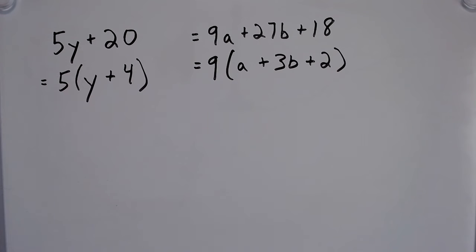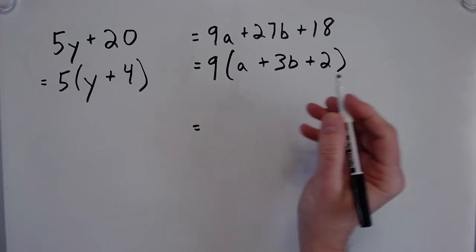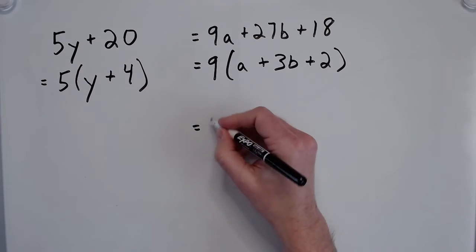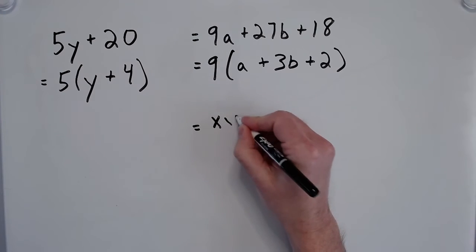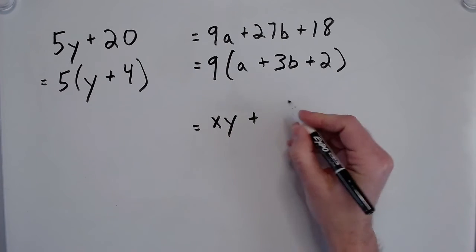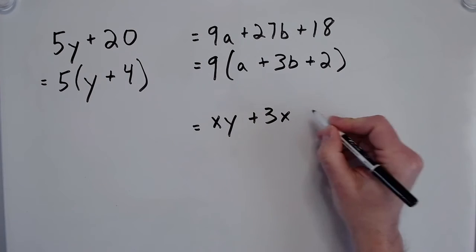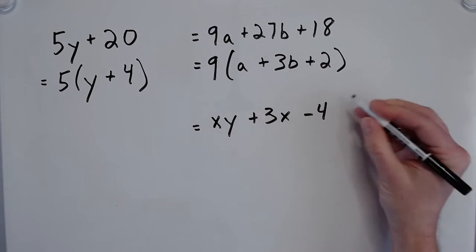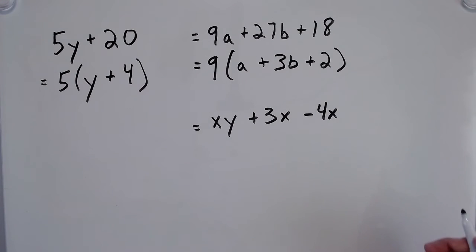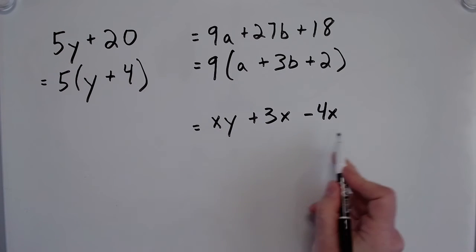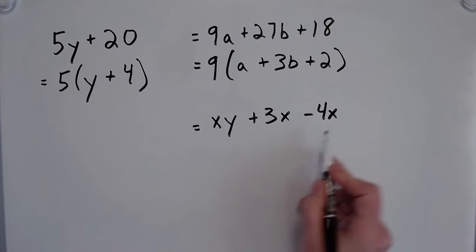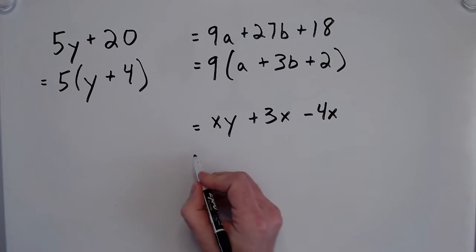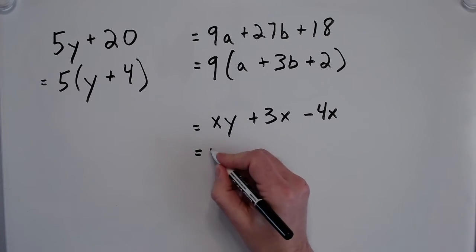What's a good one here? Let's say xy plus 3x minus 4x. So what is the common factor between all three of these items? In this case, we're going to pull out the x.